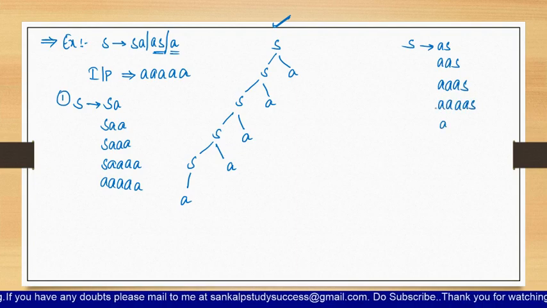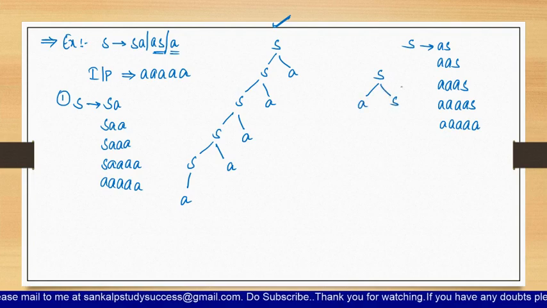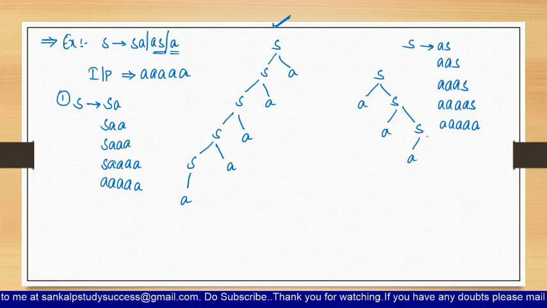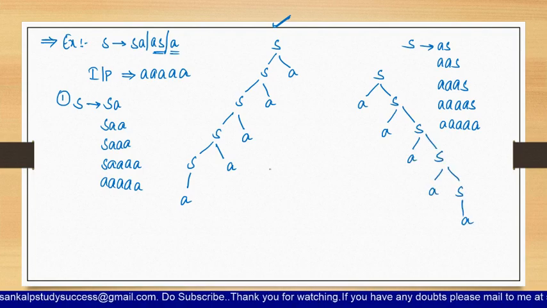Here we have got 4 A's, and in the place of S, if I substitute one more A, it becomes 5 A's. So if you draw the parse tree here, it is going to start with S, and you have substituted AS. In the place of S, again AS, again AS, till you get 5 A's, correct?